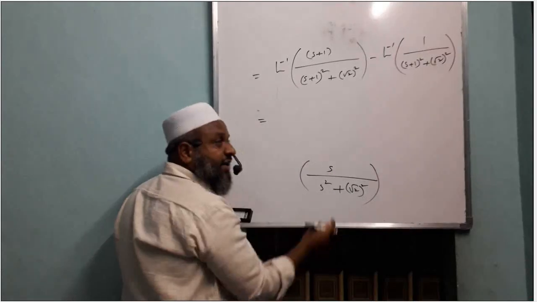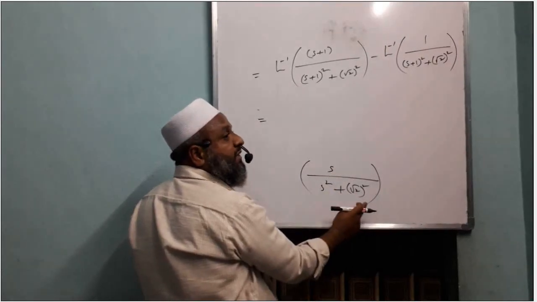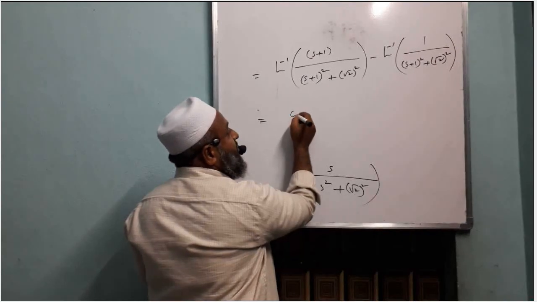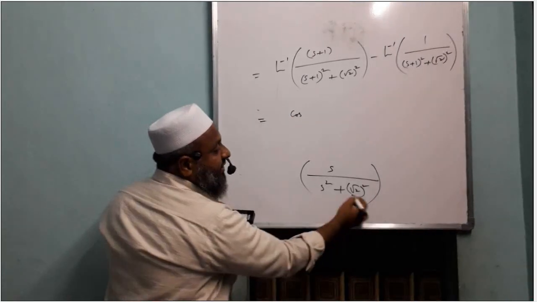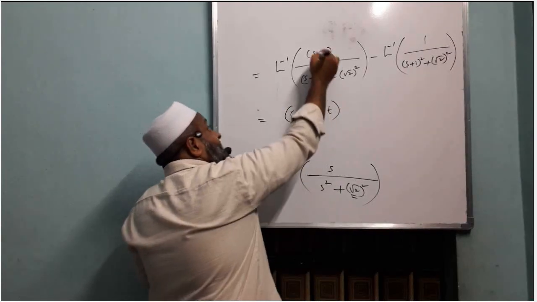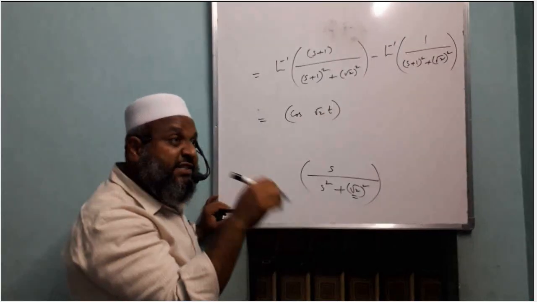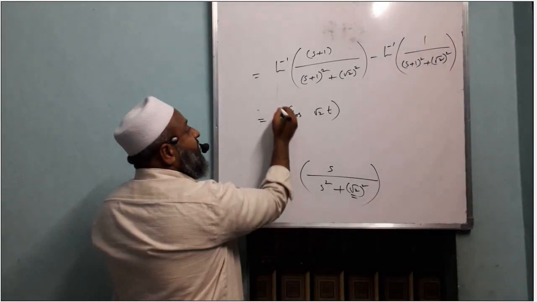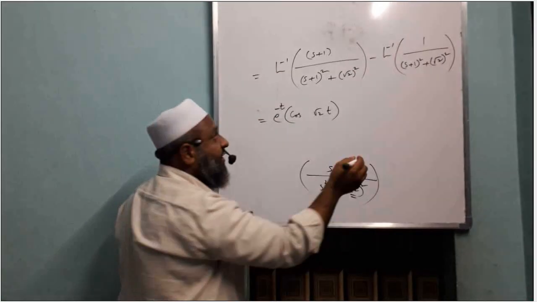Now it is looking like s by (s square plus a square). Because it is s, it has to be cos at. The a value is root 2, so it should be cos root 2t. But s is not s here, it is s plus 1, so because of the extra factor, e to the power of minus t. I hope now you are very clear.